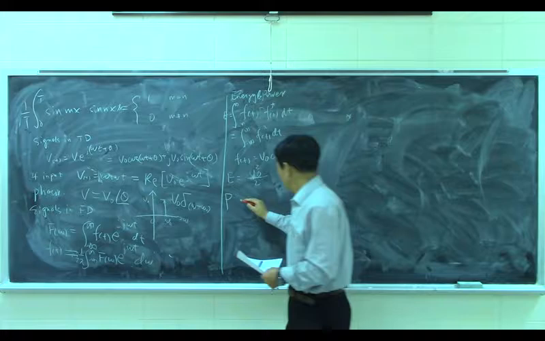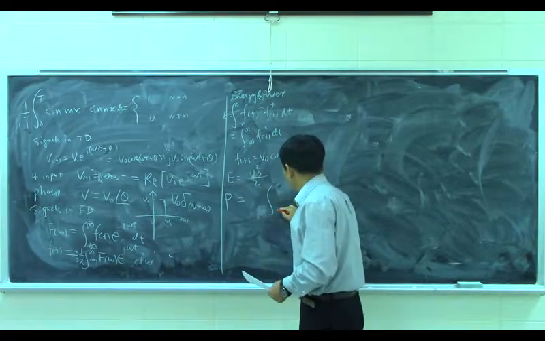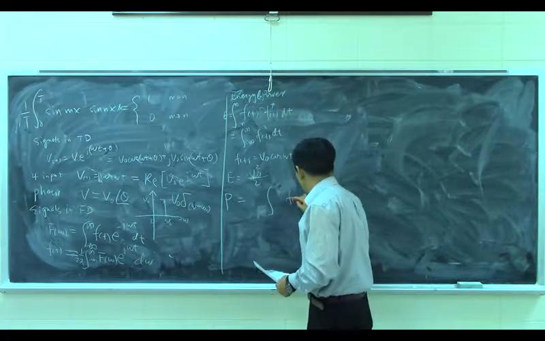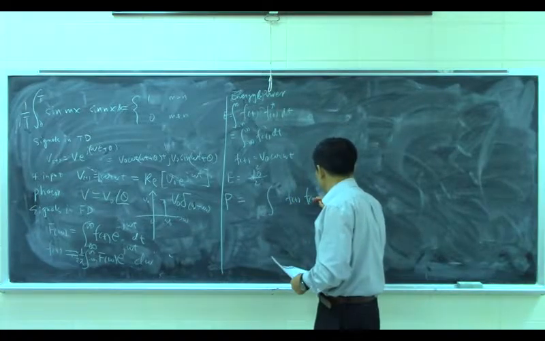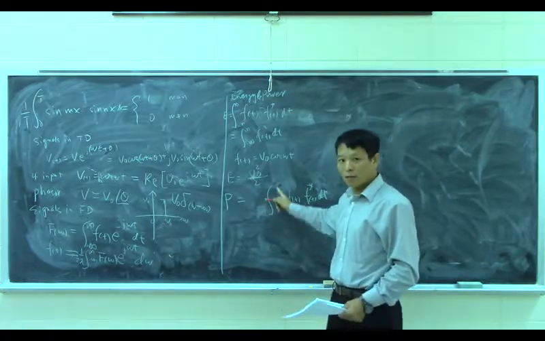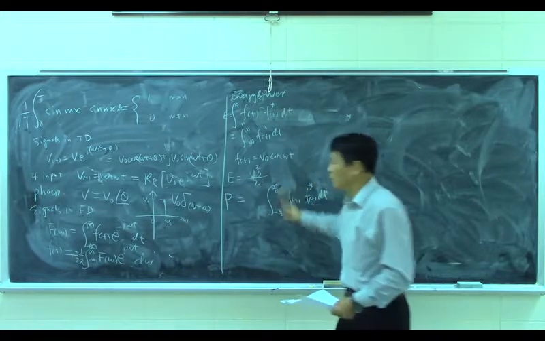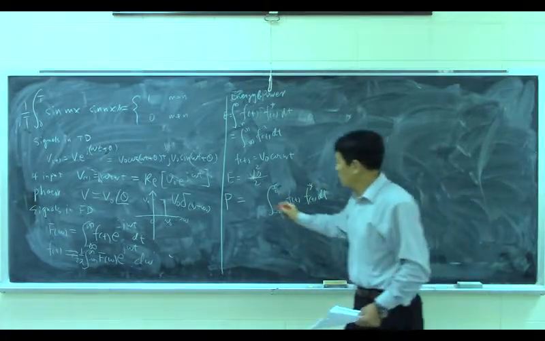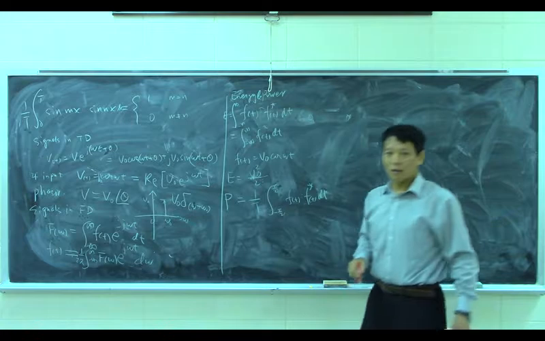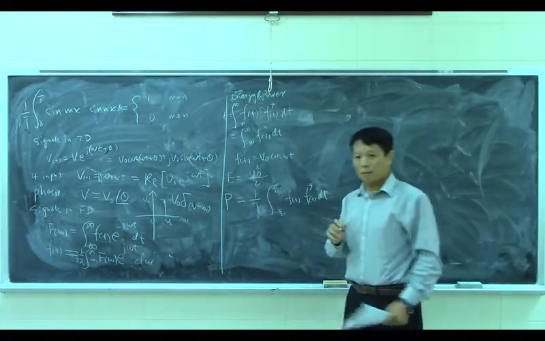So what we do here is power equals f(t) times f(t) complex conjugate dt, and this time we evaluate over one period, from negative half T to positive half T, divided by the length, the period.